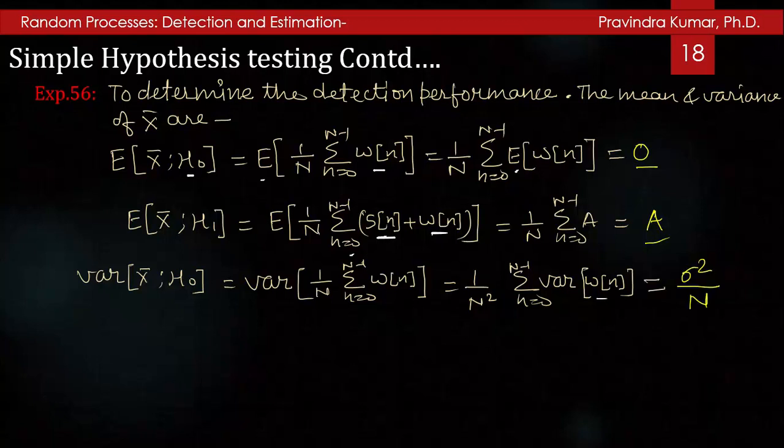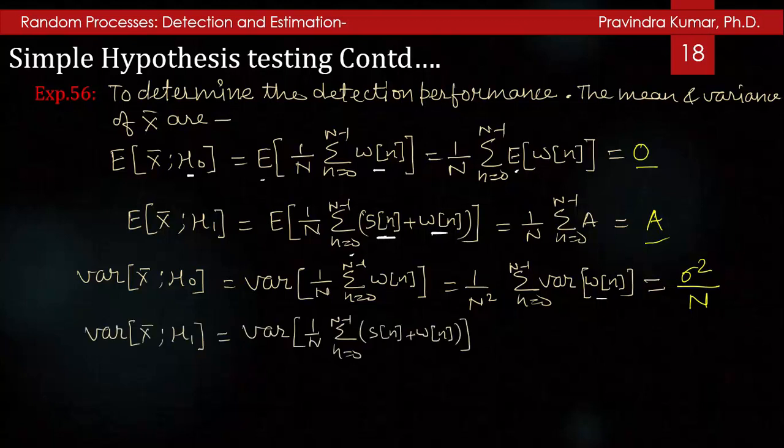The variance of the noise is sigma square, so the variance under hypothesis H0 is sigma square by n, and the variance under hypothesis H1 will be sigma square by n again.